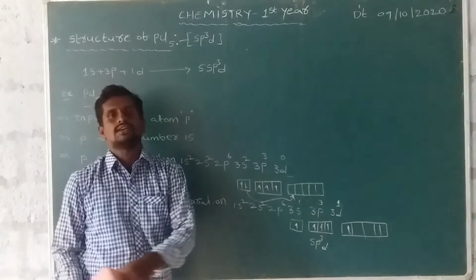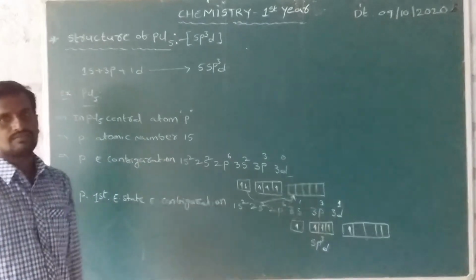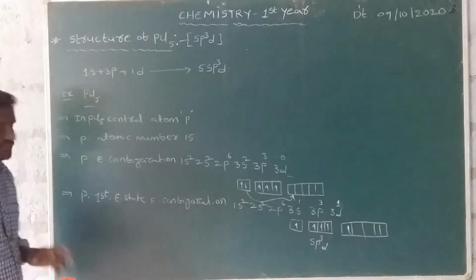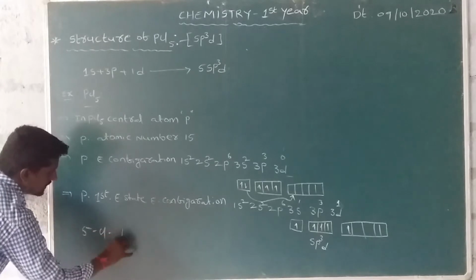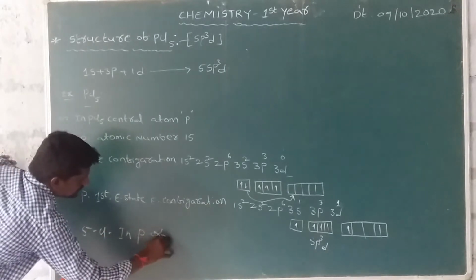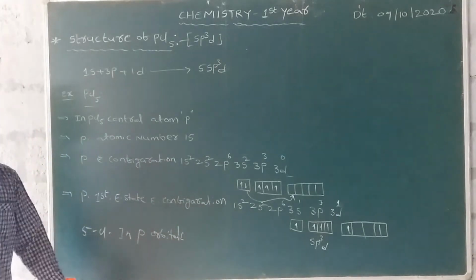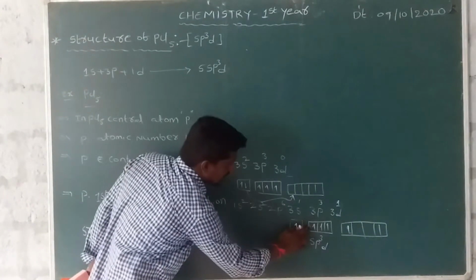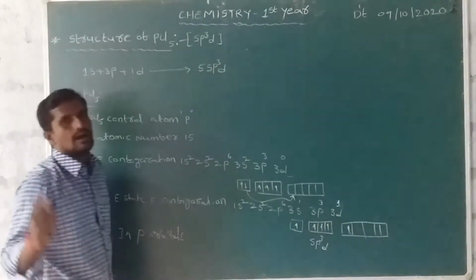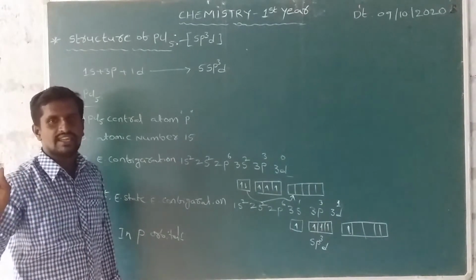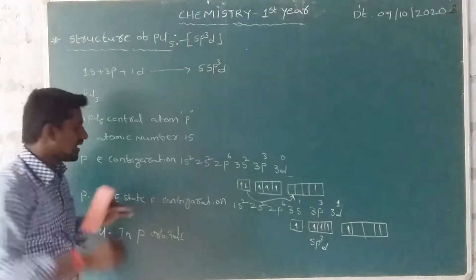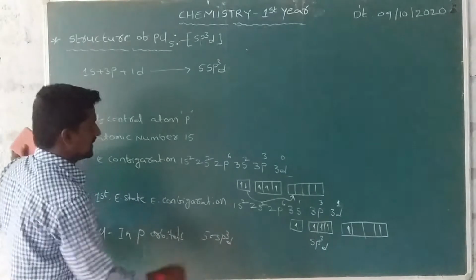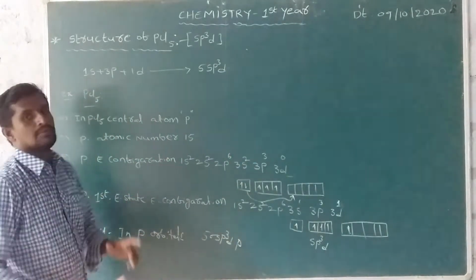Totally, sp3d hybridization. Also in PCl5, 5 chlorines are present. In the chlorine p orbitals, 5 electrons overlap with the 5 sp3d hybridized orbitals to form 5 sigma sp3d-p bonds.